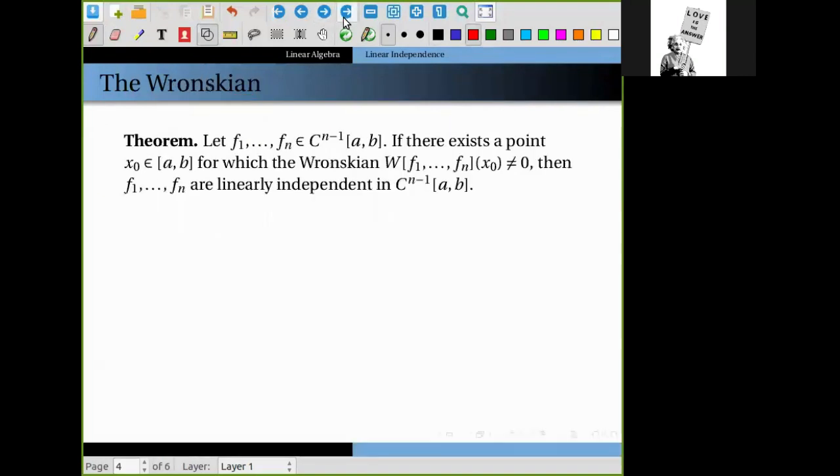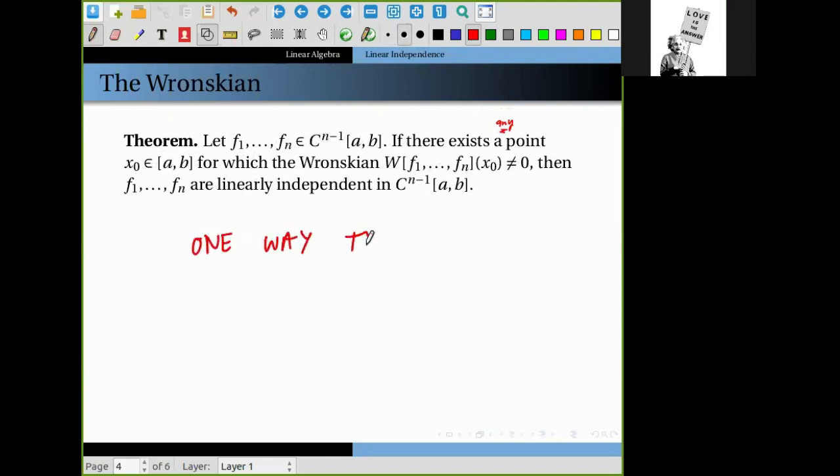So we get this theorem that these functions will be linearly independent if the Wronskian is non-zero at any point in the domain. This is key. You could read this as: if there exists any point in the common domain of the functions where the Wronskian is not equal to 0. Now, the key thing to notice is that this is a one-way theorem.